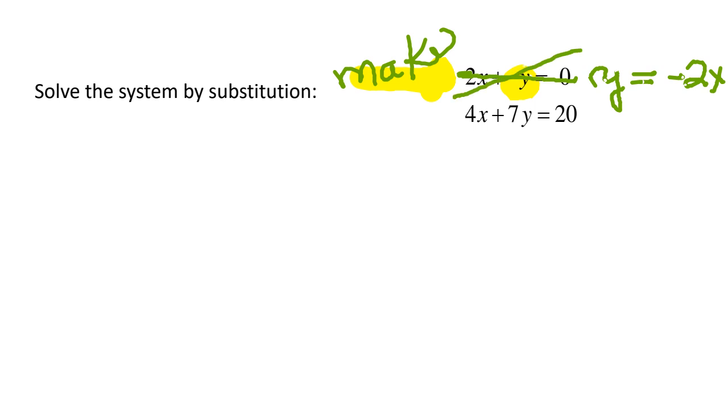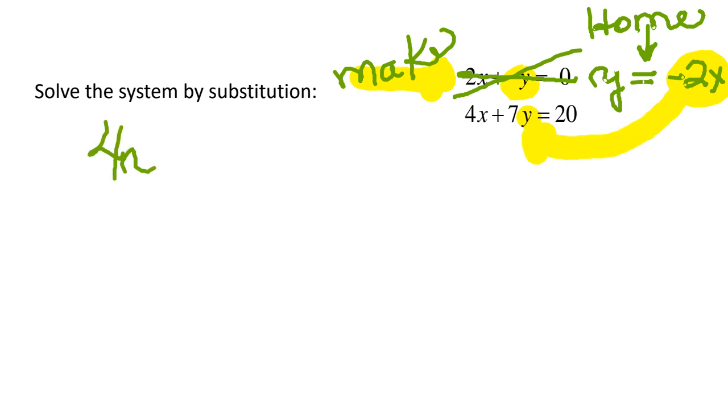This equation is my home, which means that negative 2x is going to go in where this y is, which means I'm going to write 4x plus 7. Now, inside the parentheses, I'm writing negative 2x is equal to 20.